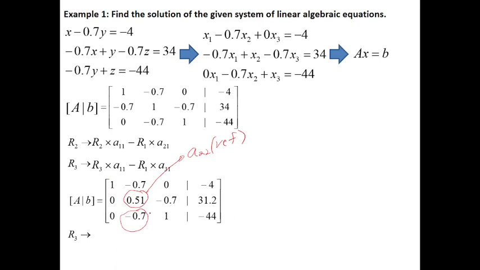Kasi nasa major diagonal siya. Our objective is to make negative 0.7 into 0, para maging upper triangular matrix. The element above it is 0.51, in the second row, second column. So this will now be our reference.